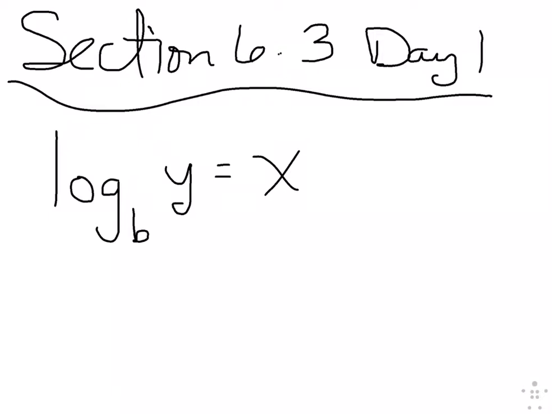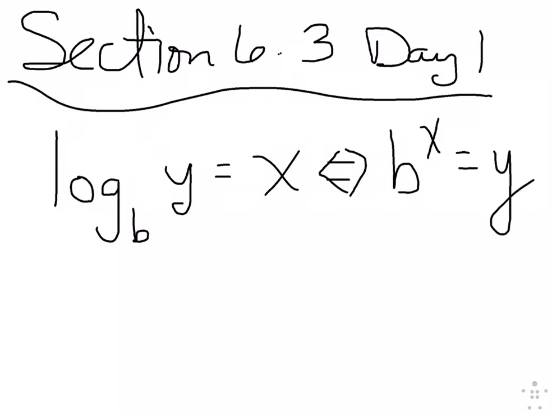But there is a way around it. Log base b, y equals x is the same thing as b to the x equals y. When I say b to the x equals y, I am now an exponential. Why? Because where is the x?